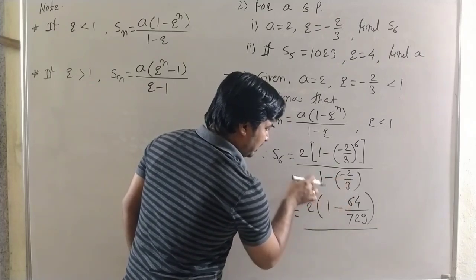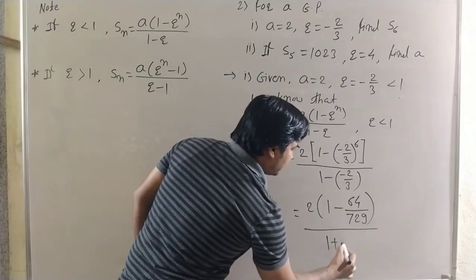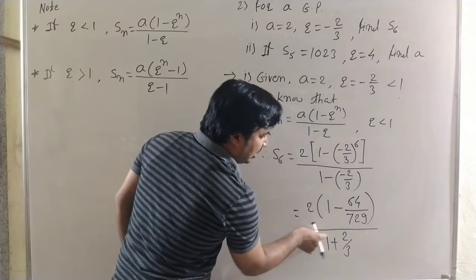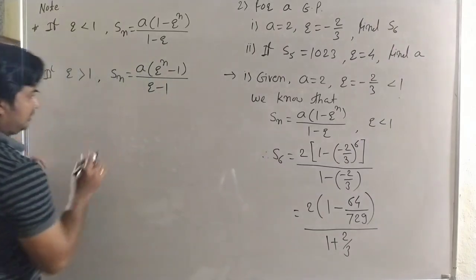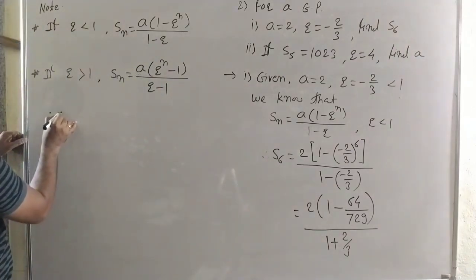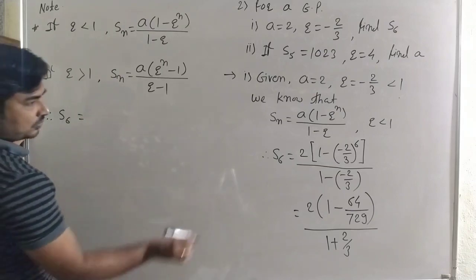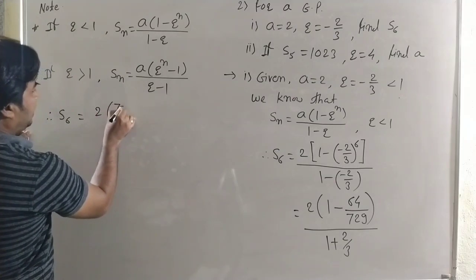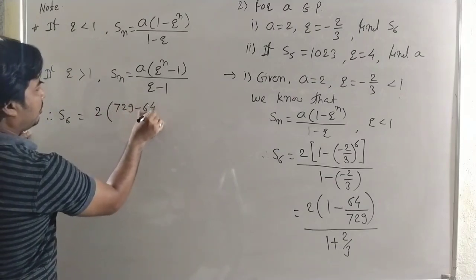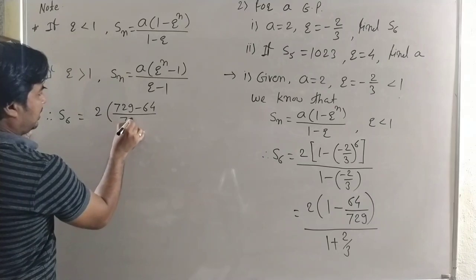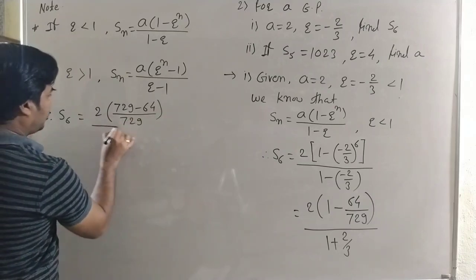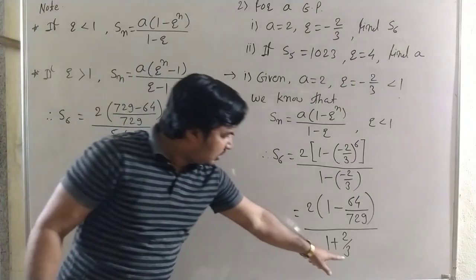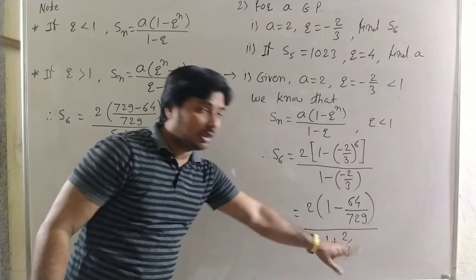Addition: 3 plus 2, that is 5 by 3. Therefore S6 is equal to 2 into 729 minus 64 upon 729, whole upon 5 by 3.